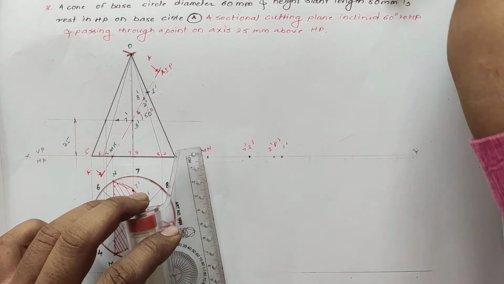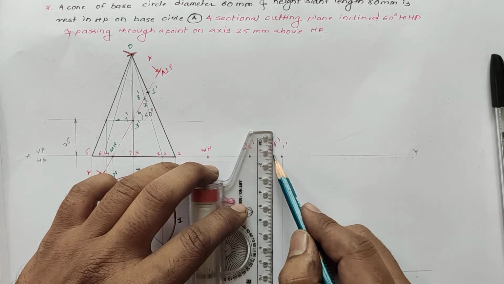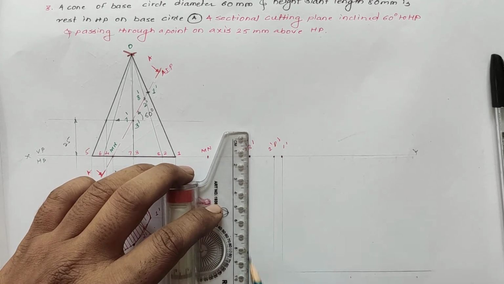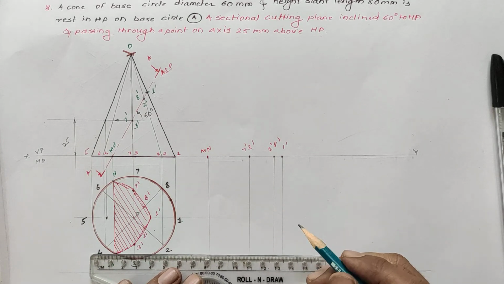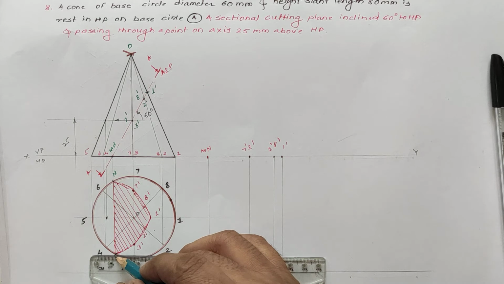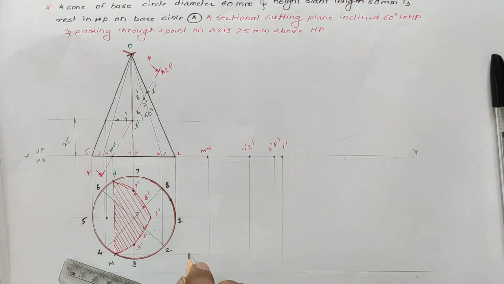Then draw the vertical faint projection lines from each point, and then transfer the intersecting points in the top view, that is the M point. Draw the horizontal faint projection line.